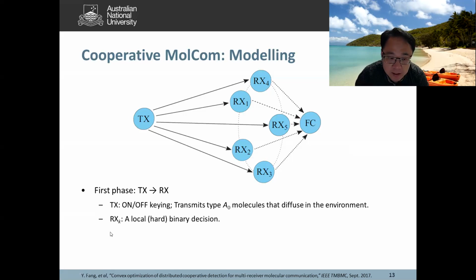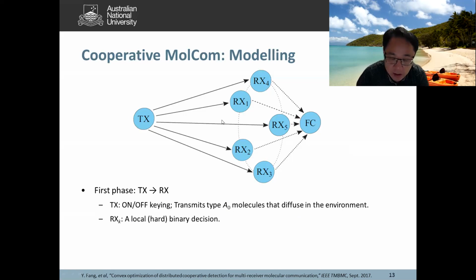When the transmitter transmits 1, it transmits type A0 molecules, and these molecules diffuse within the environment. For each receiver, we assume that in the first phase, each receiver makes a local and hard binary decision.